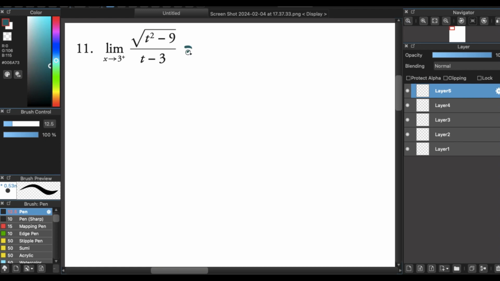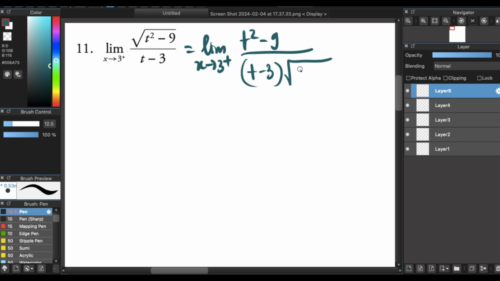So I'm going to write it like this. So we're going to have t squared minus 9. Wait, okay, so this one right here can be rewritten as this.